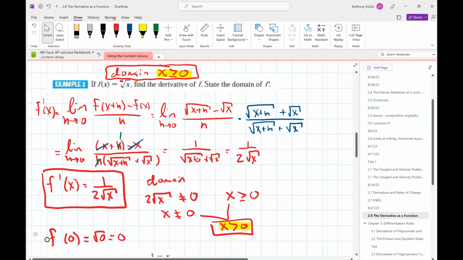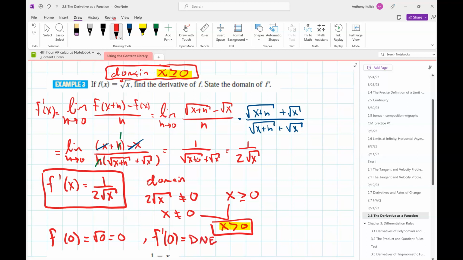That's 0, right? F prime of 0 is nothing. It does not exist. So what you're seeing here is that the derivative may not exist for every x in the domain of f of x. Ooh, this is an idea we're going to circle back to and suss out a little bit more.